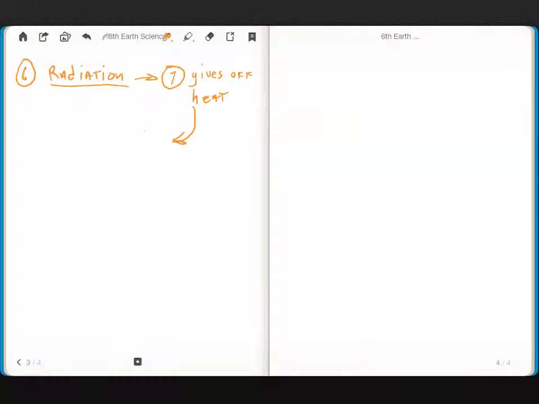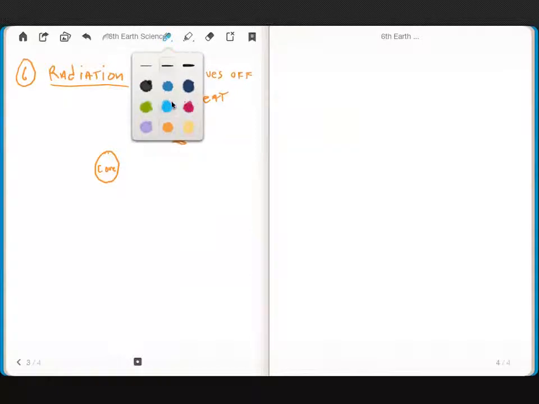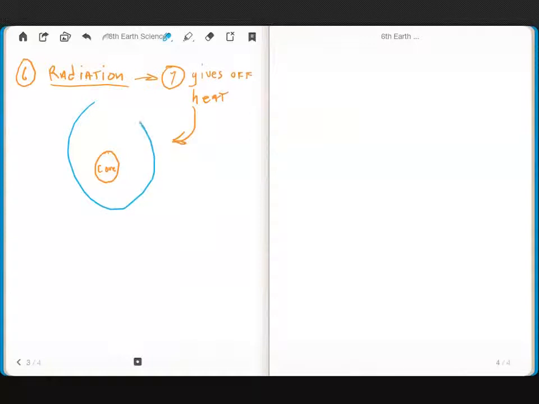So this radiation on the inside of the Earth, here's the core again, and we'll draw the mantle. So there's the mantle.